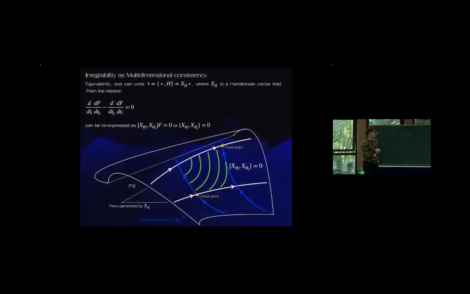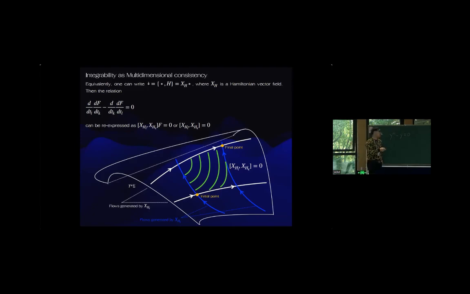If you would like to express this whole thing in terms of the Hamiltonian vector fields, you can express things in this way. The equation here is nothing but this relation: the bracket of the different Hamiltonian vector fields acting on this function equals 0.